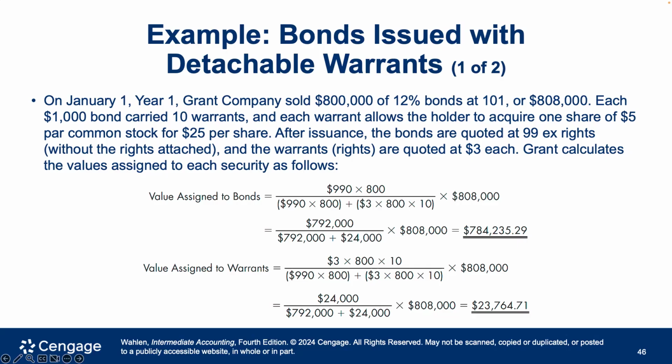Up to the rest of our total amount there. Credit bonds payable for 800,000. We're going to credit common stock warrants. So debit portion, we have an equity portion, we have clean separation there.